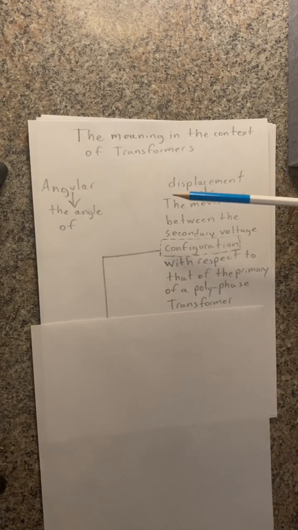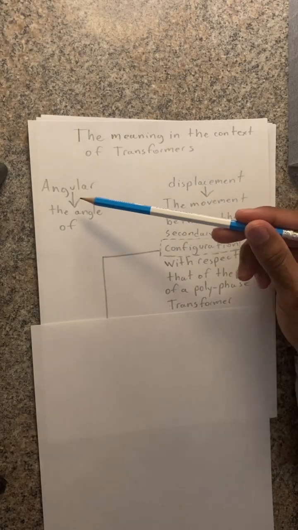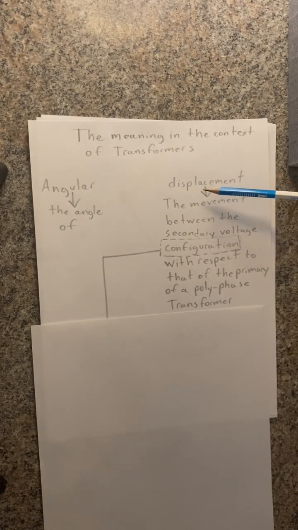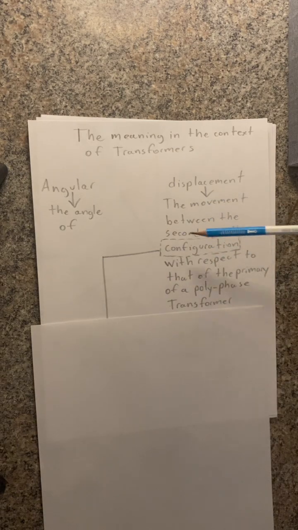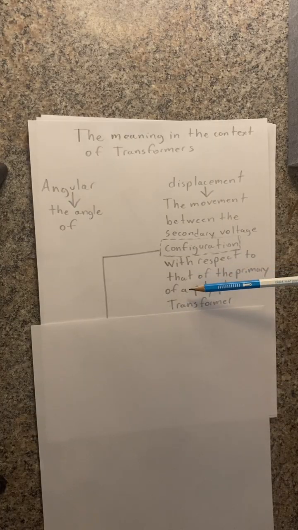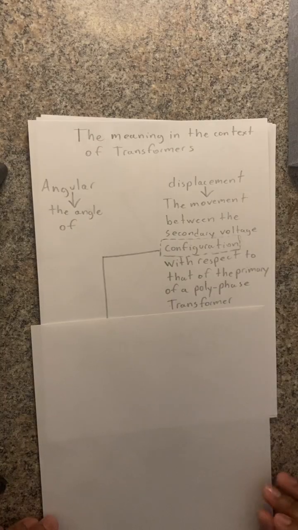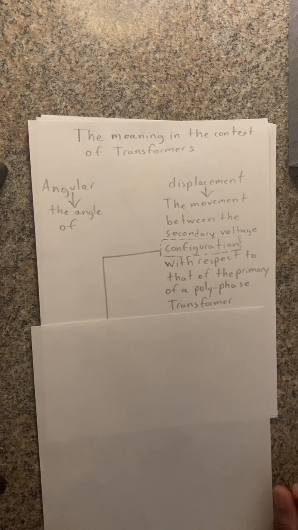So, in the context of transformers, angular displacement means the angle of the movement between the secondary voltage configuration with respect to that of the primary voltage of a polyphase transformer. That is what angular displacement means with regards to transformers.